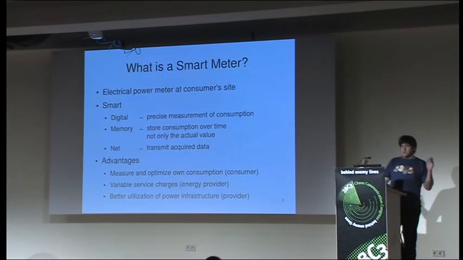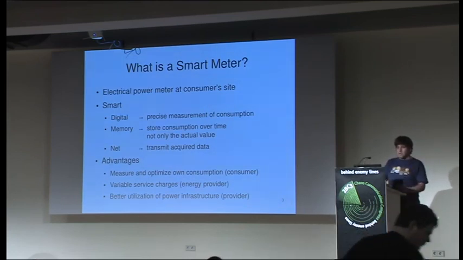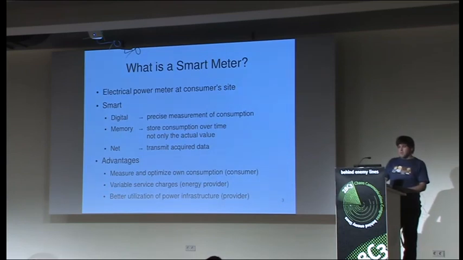So you don't have only one value that you can read at the end of the year. You can see the power consumption during the whole time. The other thing which makes it smart is it has a network connection, so it can transmit the acquired data. You don't have to go down to the cellar. You can read it out remotely.